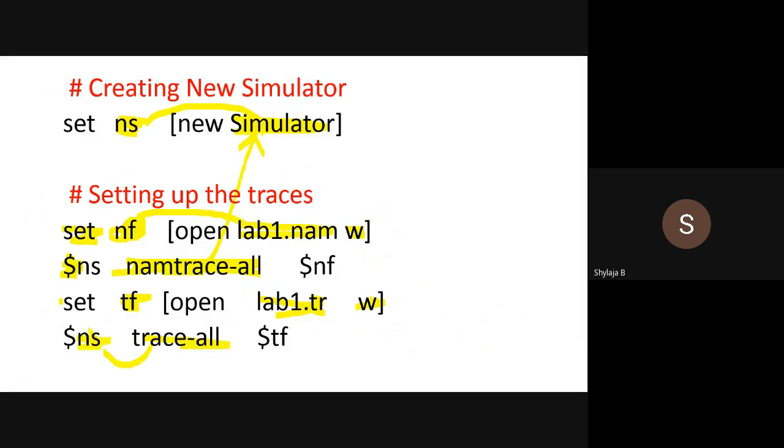So use this $ns to access this trace-all function. $ns trace-all $tf, that is all the trace values should go to the file pointed to by the descriptor tf. And this tf is pointing to lab1.tr. So here we are saying indirectly all the trace values should be stored in lab1.tr. That is about setting up the traces.